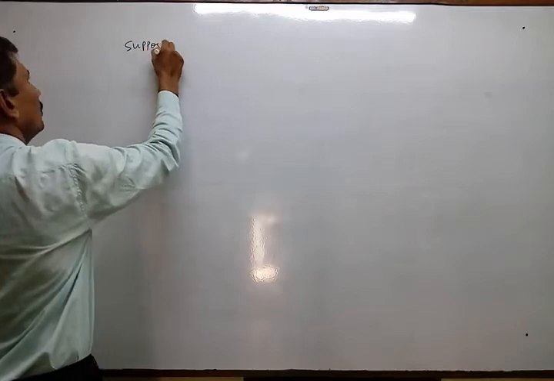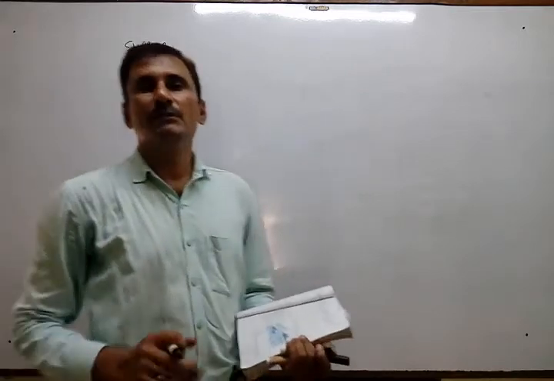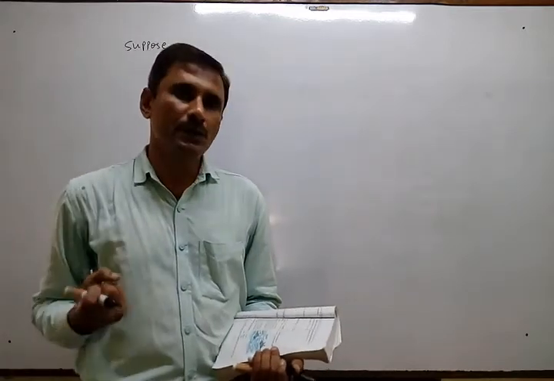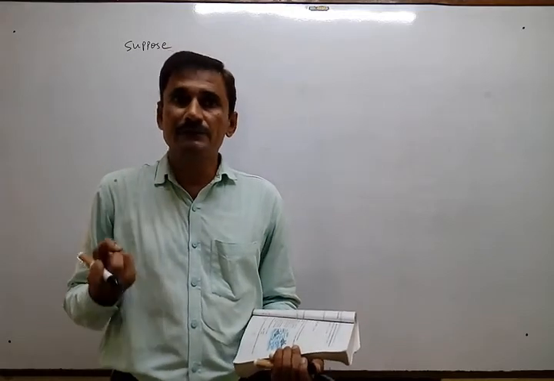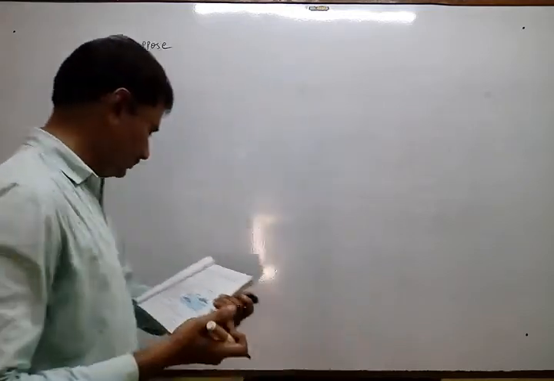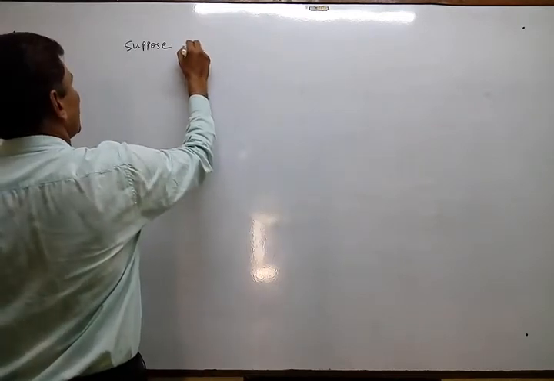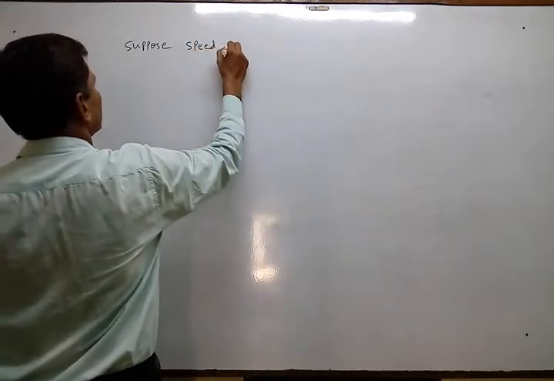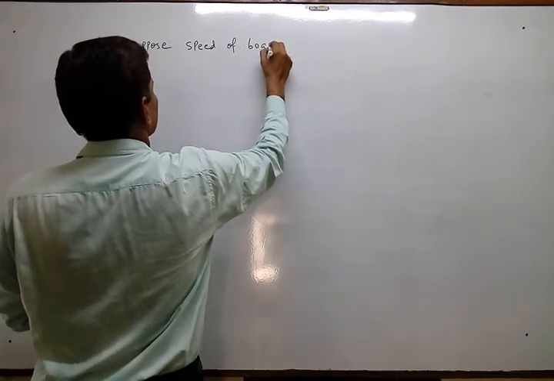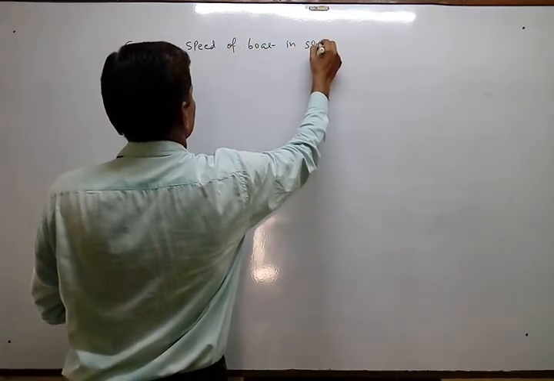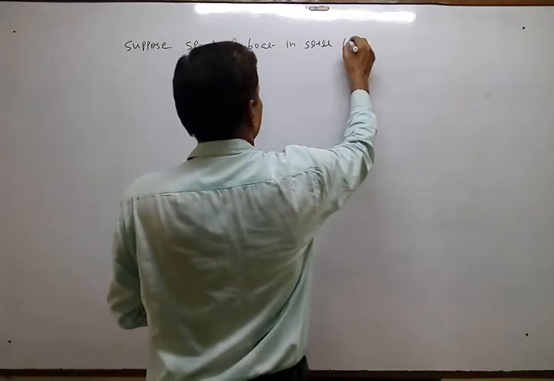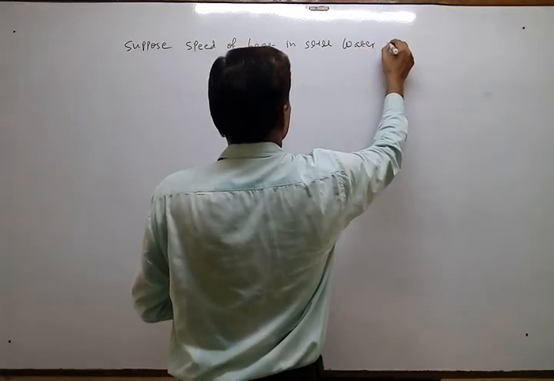So suppose the speed of boat in still water, because its own speed means what? In still water. So the speed of boat in still water is x kilometer per hour.